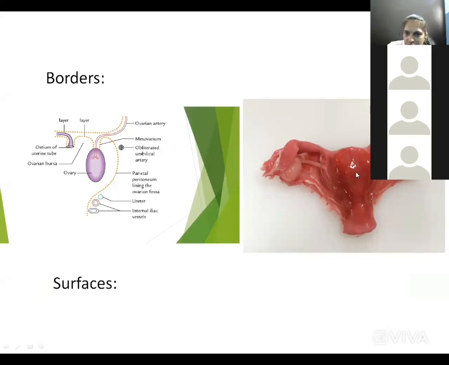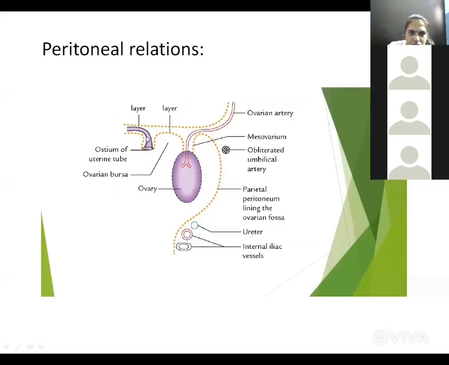And now we are looking at the cut section at this level. So it is having an anterior layer and a posterior layer of the peritoneum, which are hanging from the uterine tube. Now posteriorly, it is enclosing the ovary. So the peritoneal relation description is in this way.